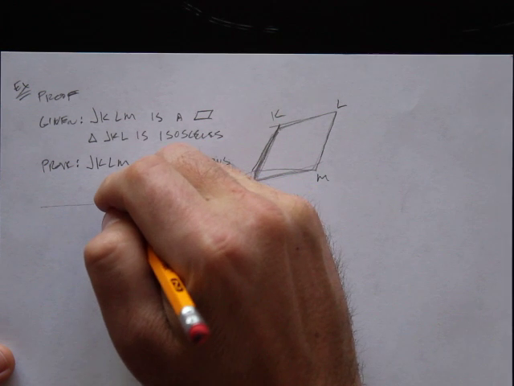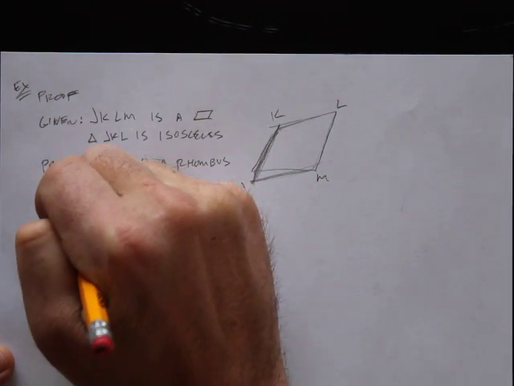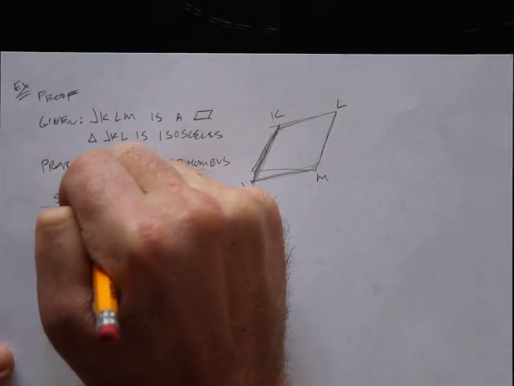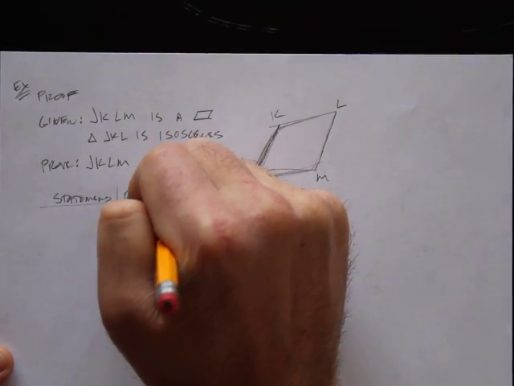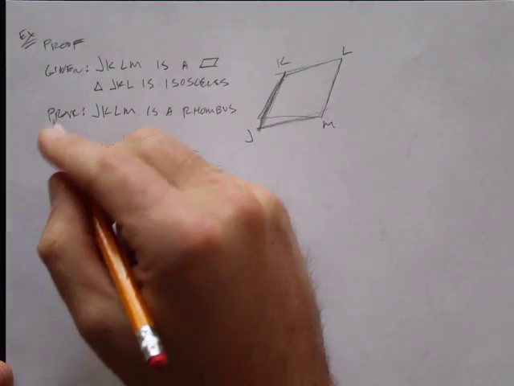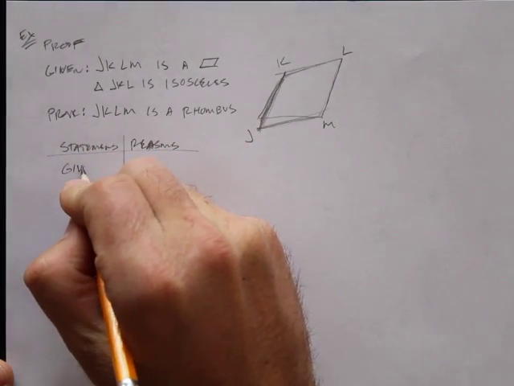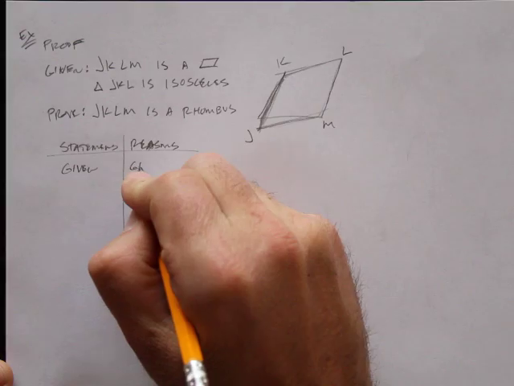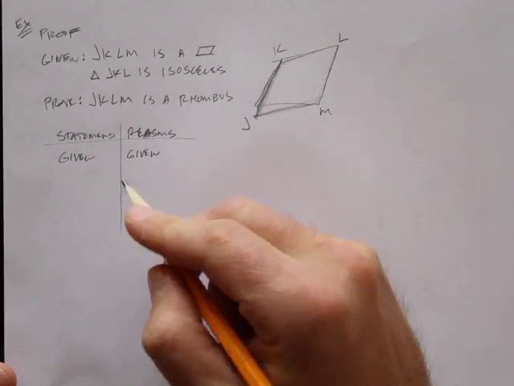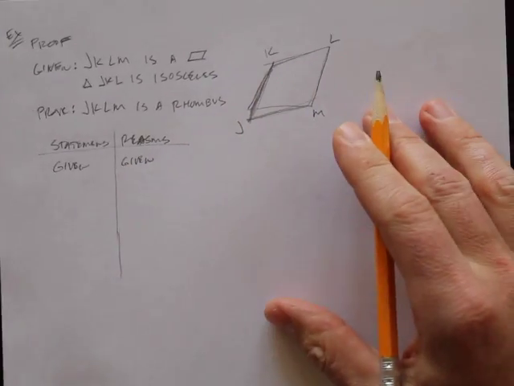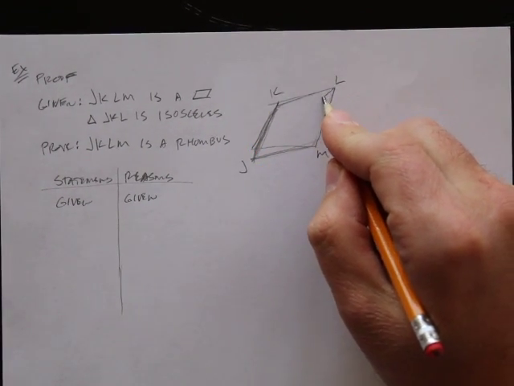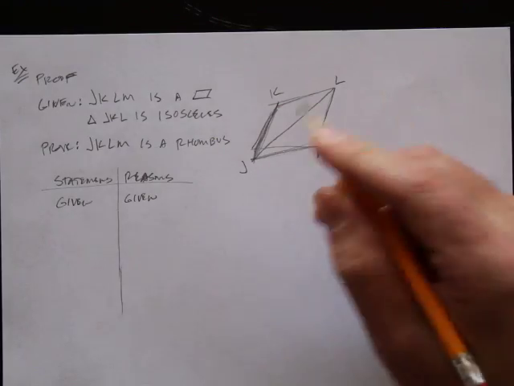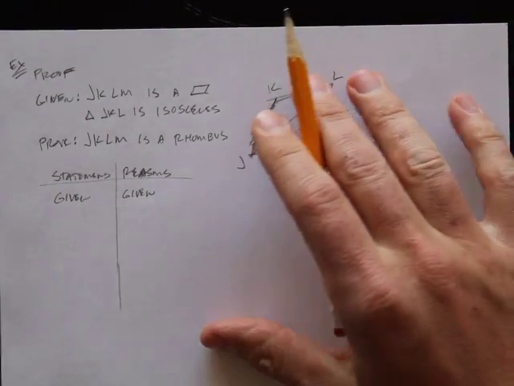So we are going to prove using statements on the left, reasons on the right. Okay, so I'm not going to have you rewrite the given. It's already written. I already wrote it. Okay. Now, we need a plan, though. So, we have one more line to draw here. Line segment to draw. There we go. Okay, now we're ready to go.